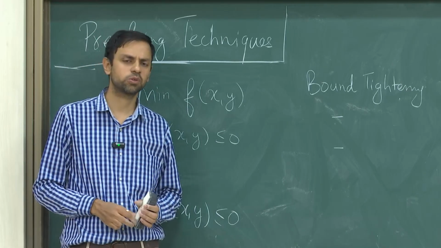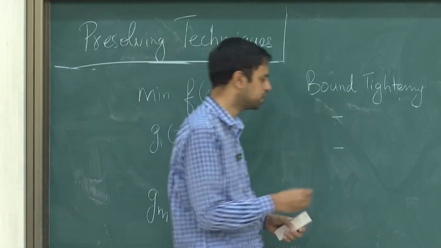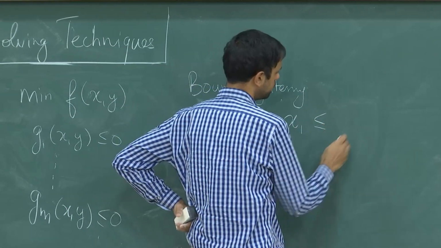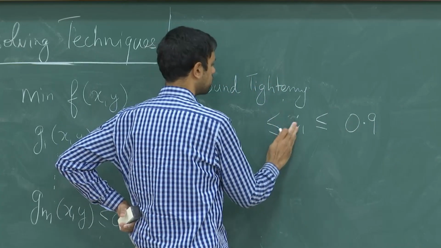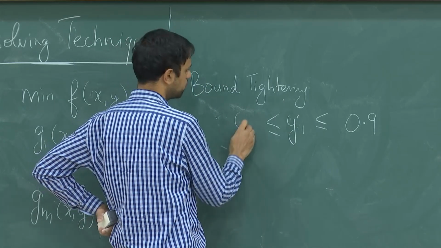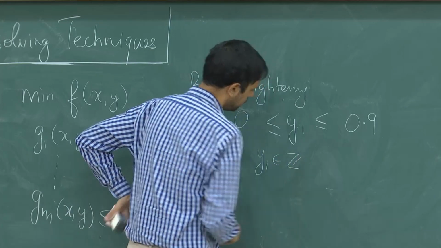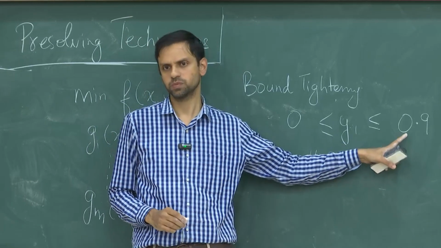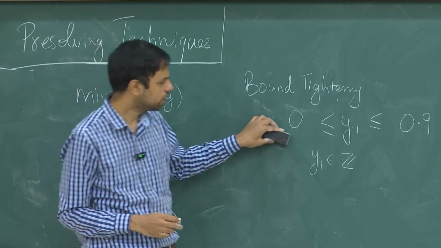The simplest case is this: suppose I say that y1 is between 0 and 0.9, and y1 is integer. Then I can immediately tighten this bound to 0, because there is no other integer possible. So that is one extreme case.